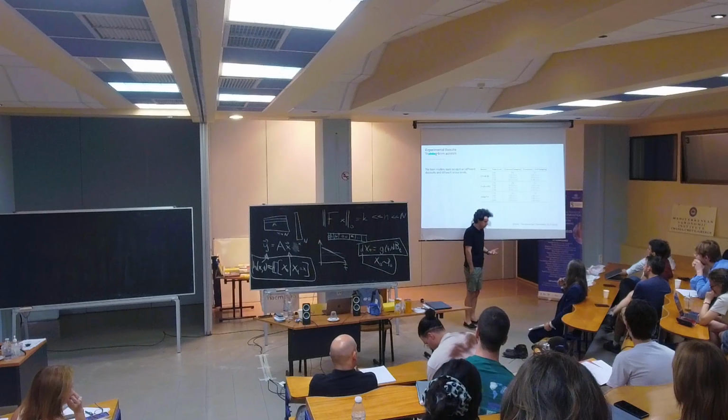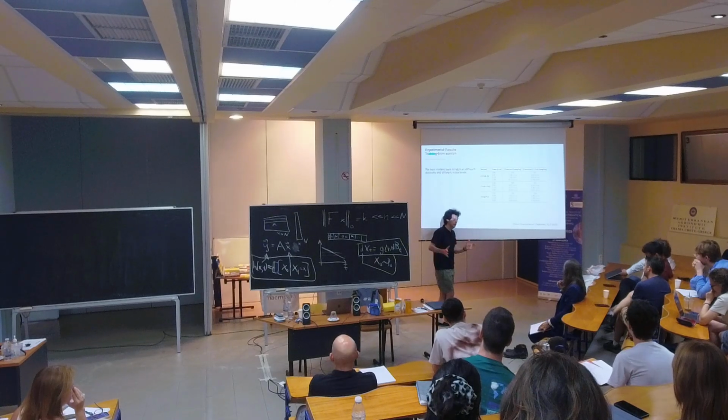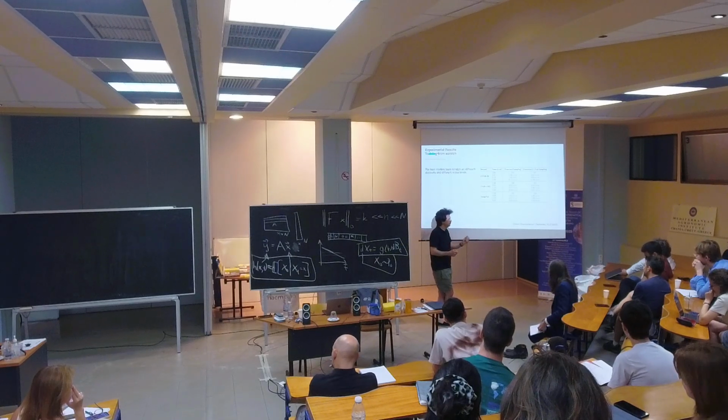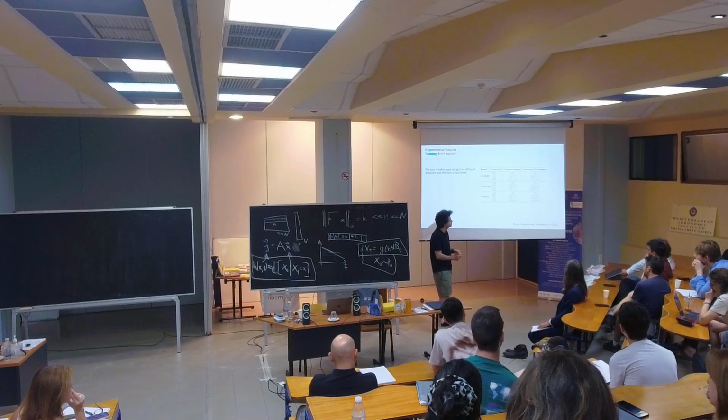What people do typically, if you don't have access to clean data, is just run the diffusion process and do it in one hop, just start with this noisy sample.